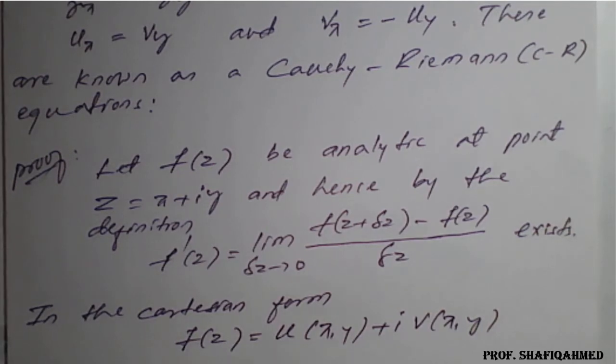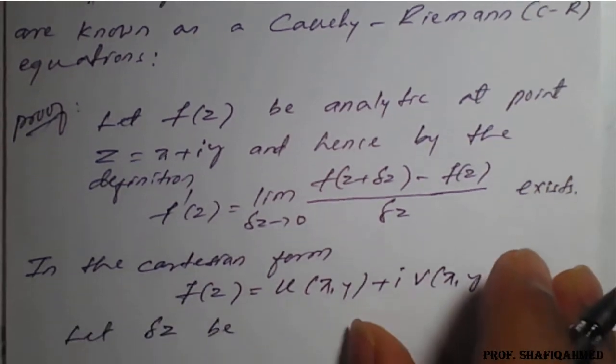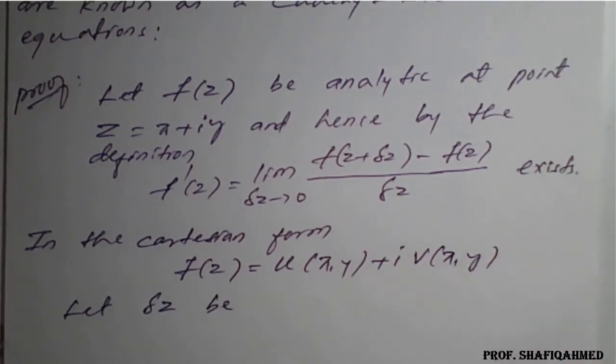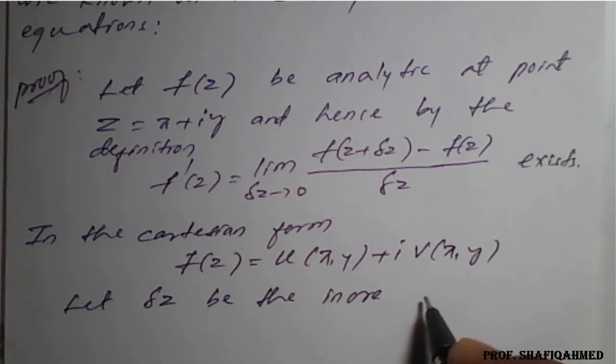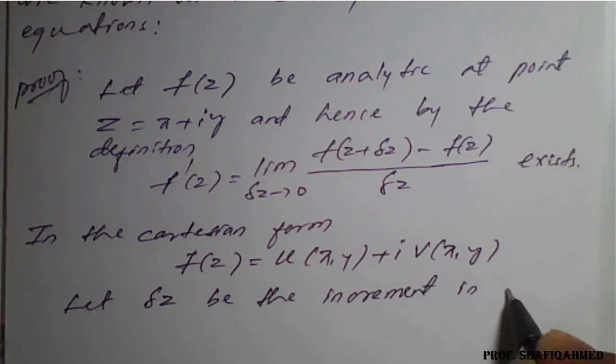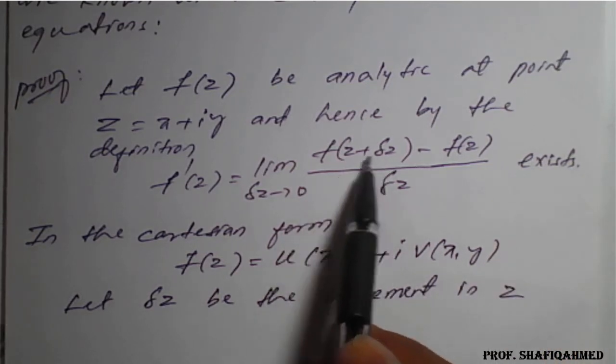Let delta z be a very small increment in z, so we have taken z plus delta z.